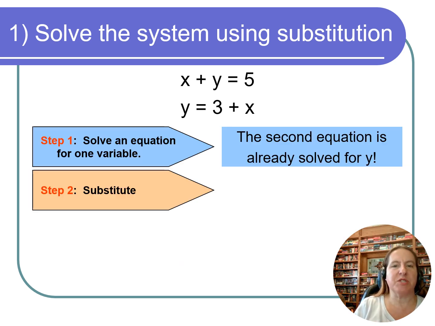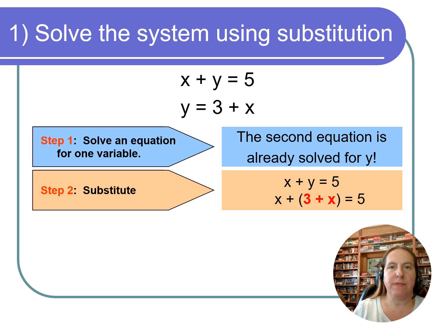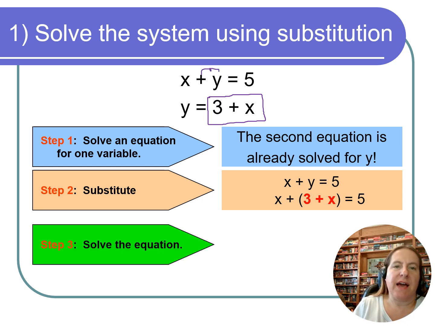Now we're going to substitute. So this means we're going to take that equation that is solved for y, and we're going to substitute into the other equation in place of y. Since y is equal to 3 plus x, we're going to take that and put that into the y spot up there in equation 1.